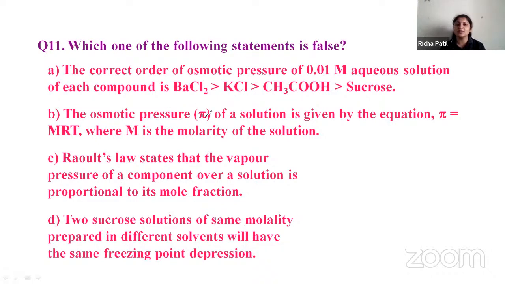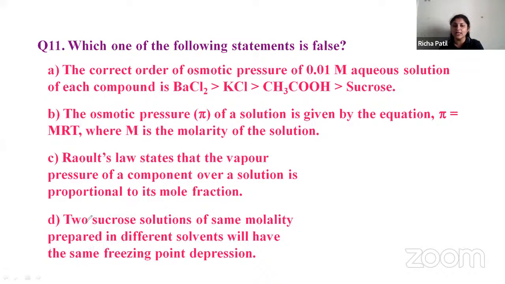The osmotic pressure pi of a solution is given by the equation pi = MRT, where M is the molarity of the solution. Raoult's law states that the vapor pressure of a component over a solution is proportional to its mole fraction. Two sucrose solutions of same molarity prepared in different solvents will have the same freezing point depression. Which one is a wrong statement?